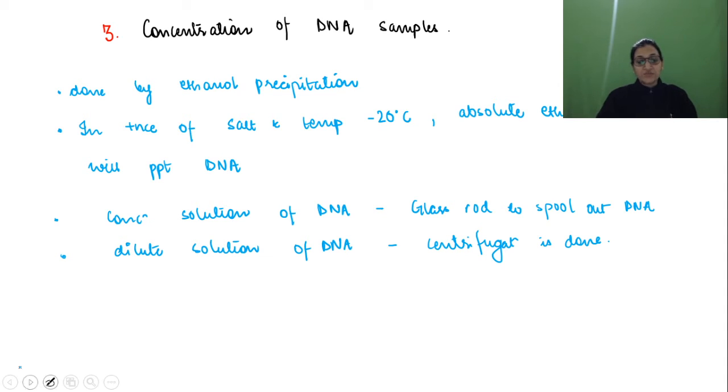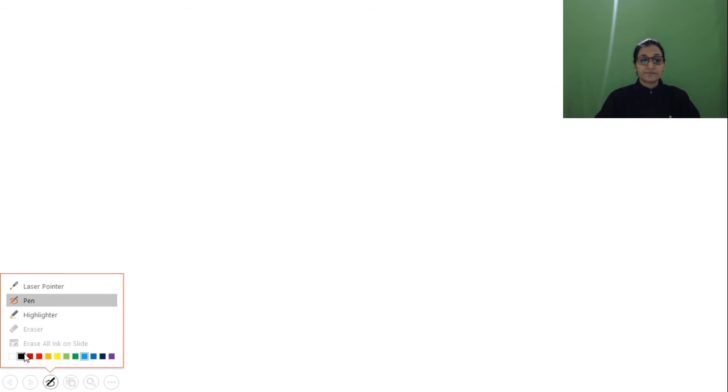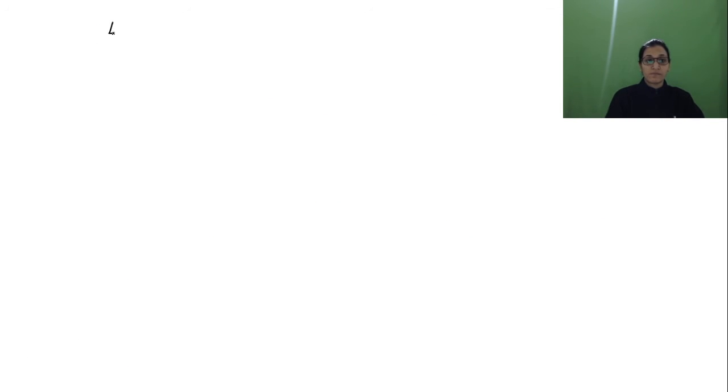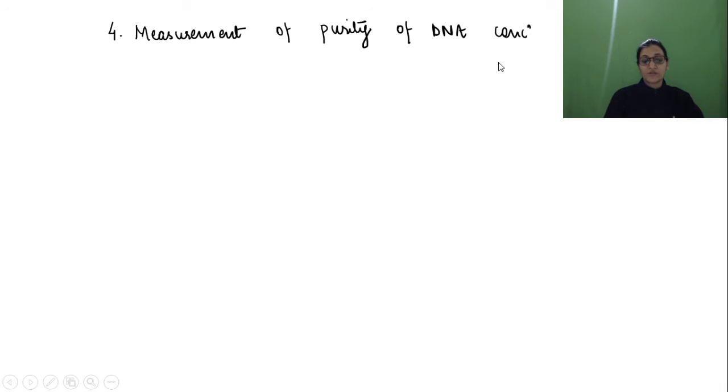And lastly, we need to know what is the concentration of DNA sample that has been obtained. So it is called measurement of purity of DNA concentration. So fourth is measurement of purity of DNA concentration.